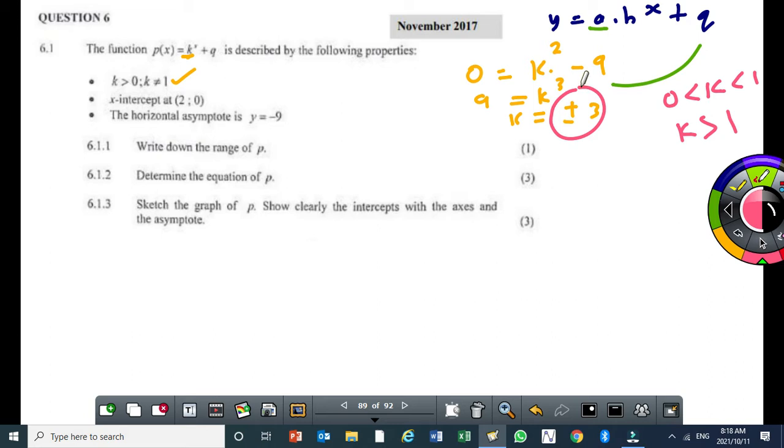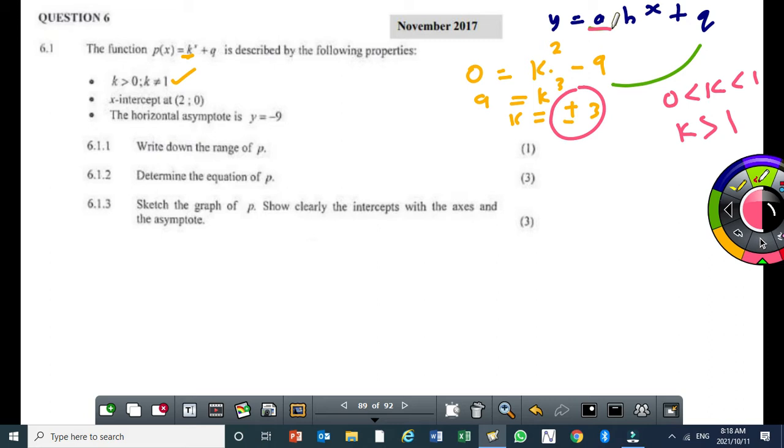So the base has to be positive. Since the base is going to be positive 3, and the value of the constant a is also positive, it means it's going to be an increasing function. I have determined the base as 3.